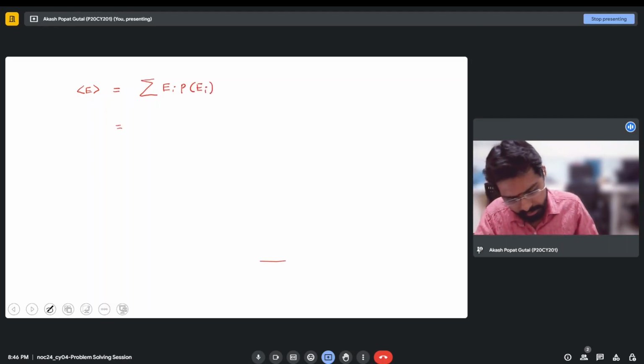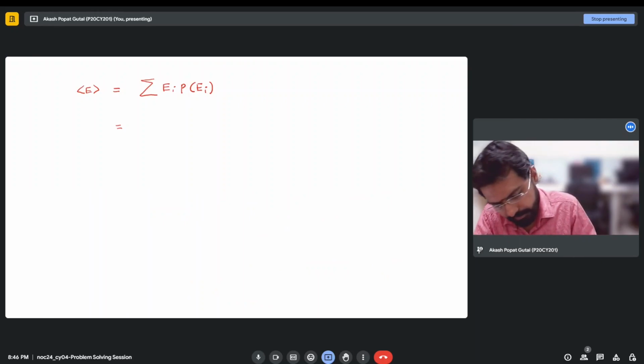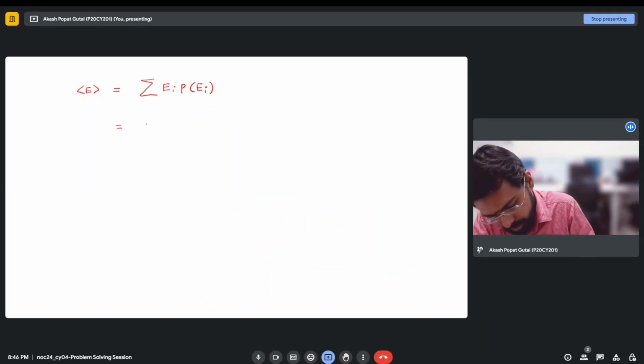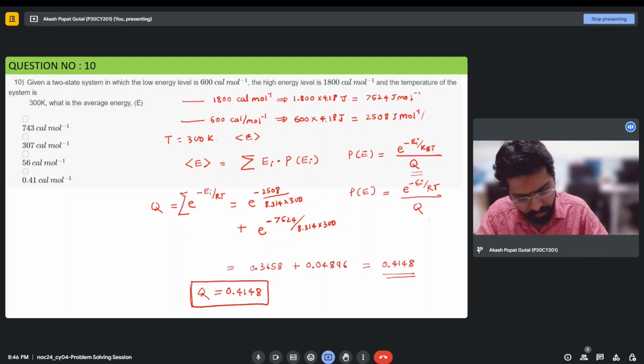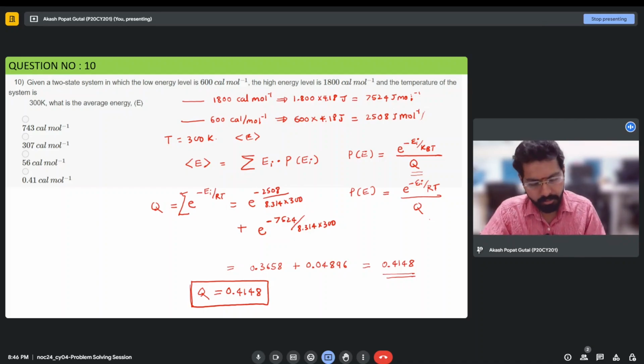We have already calculated the individual distribution of Ei, so you only need to multiply. We converted things into joule for simplicity, using R equal to 8.314, but for the final answer we need calorie per mole.